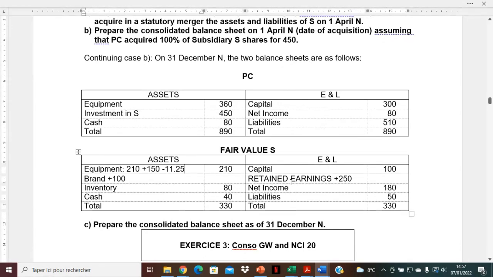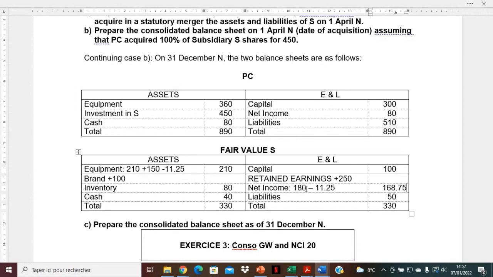And that means the profit of the subsidiary from a group perspective is not 180. It is 180 minus the additional depreciation expense I have from a group perspective. Okay. And that means from a group perspective, actually the profit of the subsidiary is 168.75.